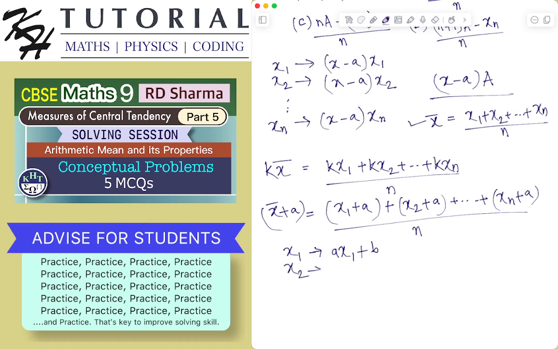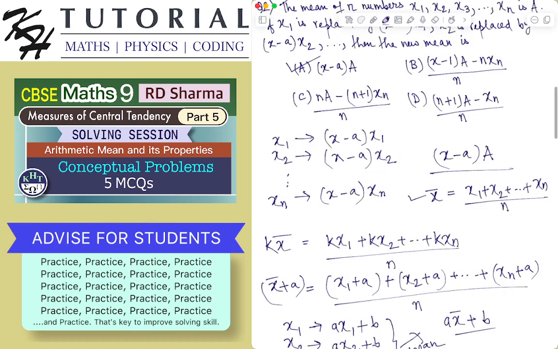So all the observations are being transformed like this. The question is, what will be the new mean? The mean of the observations ax1 plus b, ax2 plus b, up to axn plus b will be a multiplied by the old mean plus b. So you must be very clear about this concept.